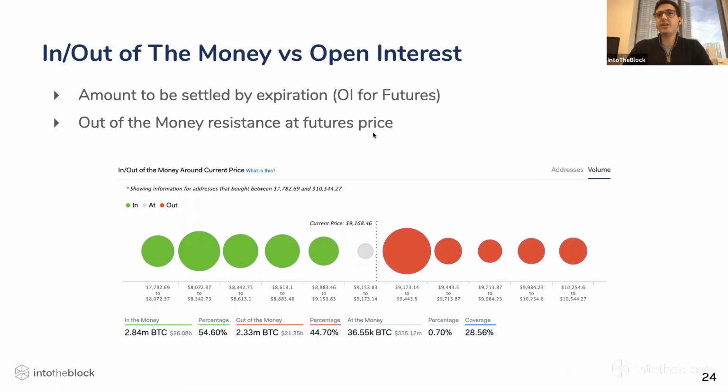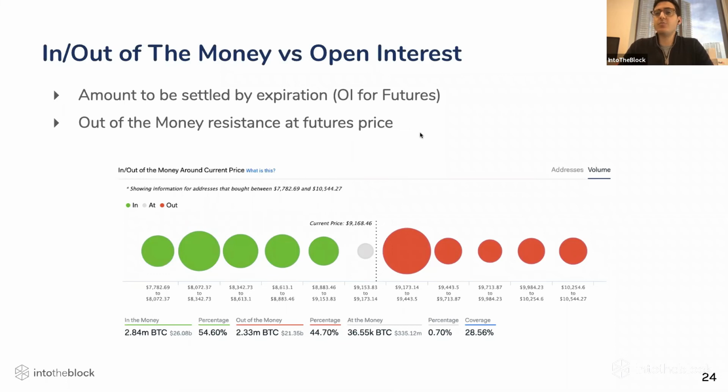So we're combining that with our in and out of the money indicator. We recently launched this in and out of the money indicator around current price. And here you can see the people that might have bought around this price range. So it's data for yesterday. But regardless, as you may have known, there was a large resistance around this price range, and partly it's because holders that bought at these prices might be looking to break even around this price range.